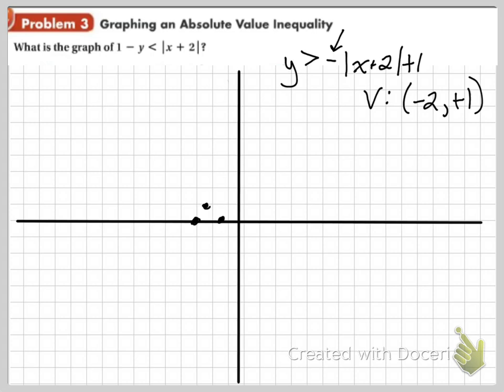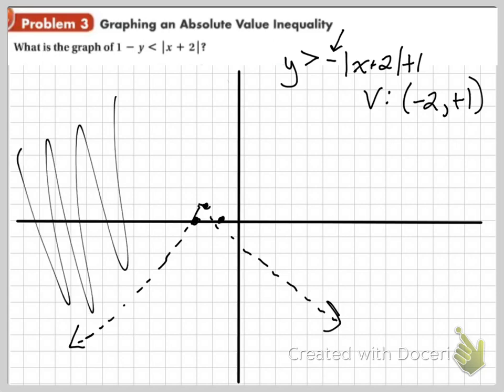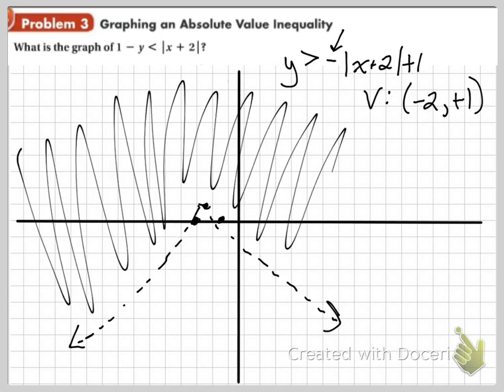Now, because it's greater than, this is a dashed line. Something along those lines. Well, where's greater than that line at? Greater than that line is going to be above it. Well, how do I shade above this? It's simply just shaded above the absolute value.